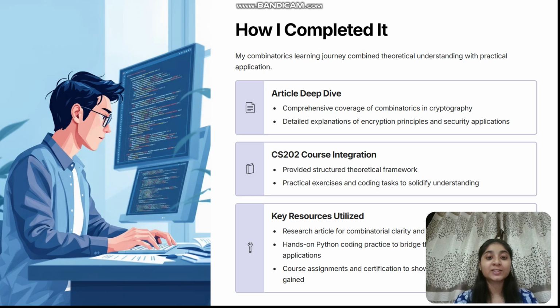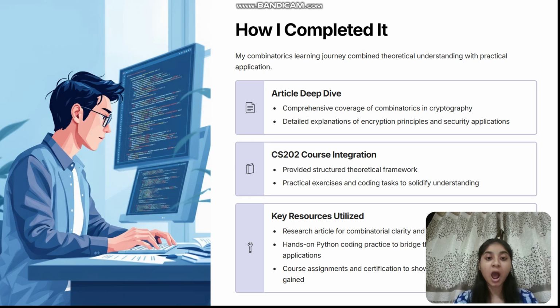The article explained how combinatorics increases the complexity of encryption systems by generating large key spaces that are impossible to crack through brute force. I was then able to apply these concepts in real world scenarios by implementing the cryptographic techniques in Python.